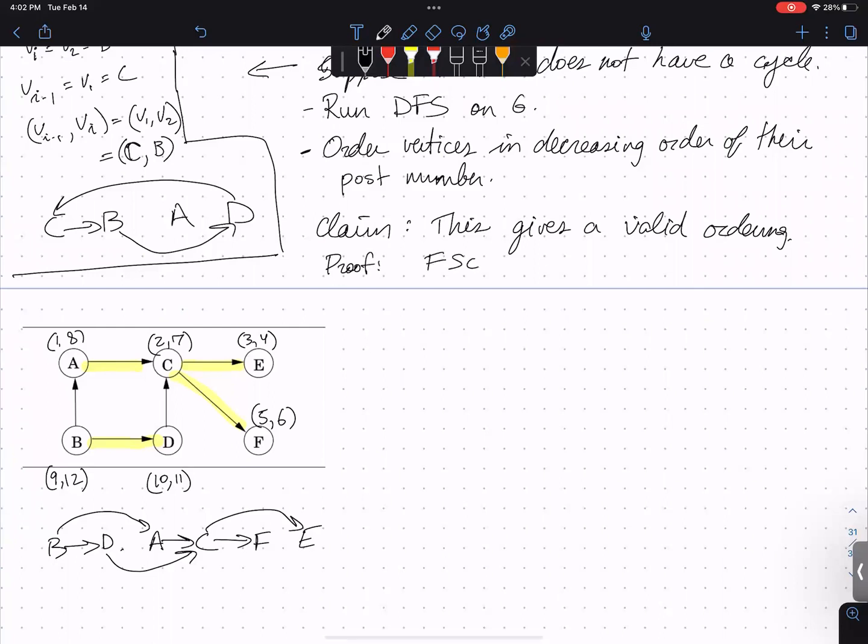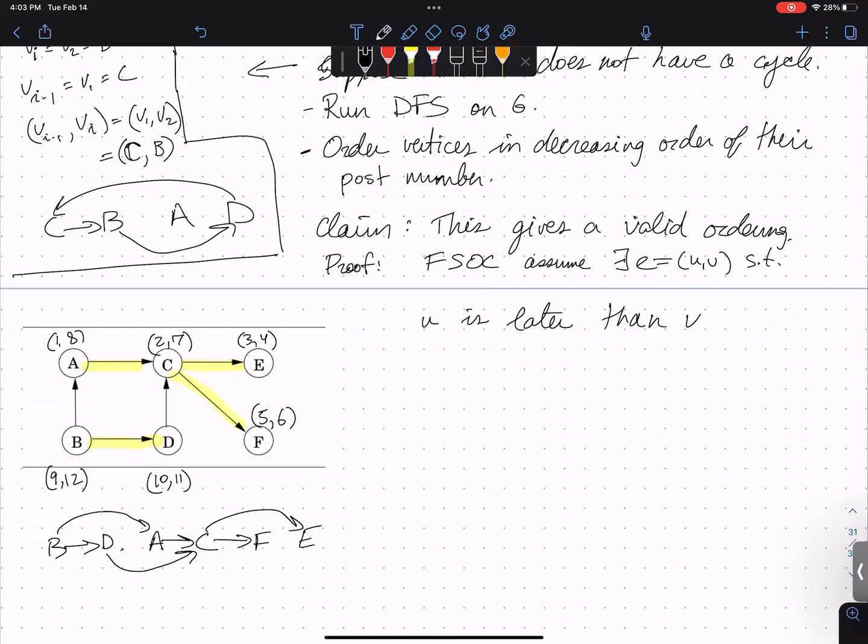For the proof, let's do a proof by contradiction. So for the sake of contradiction, assume there exists an edge from U to V such that U is later than V. The contradiction, an edge going from right to left.